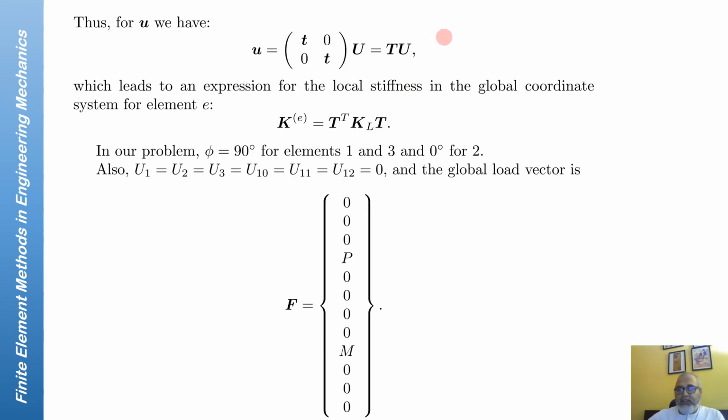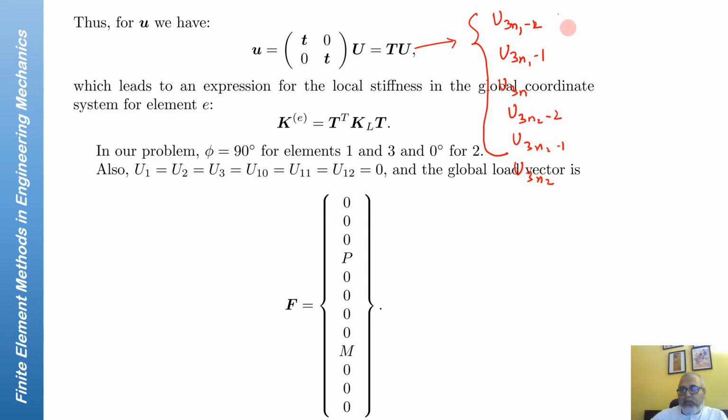So this U is your set of global degrees of freedom, and this U is the set of local degrees of freedom.